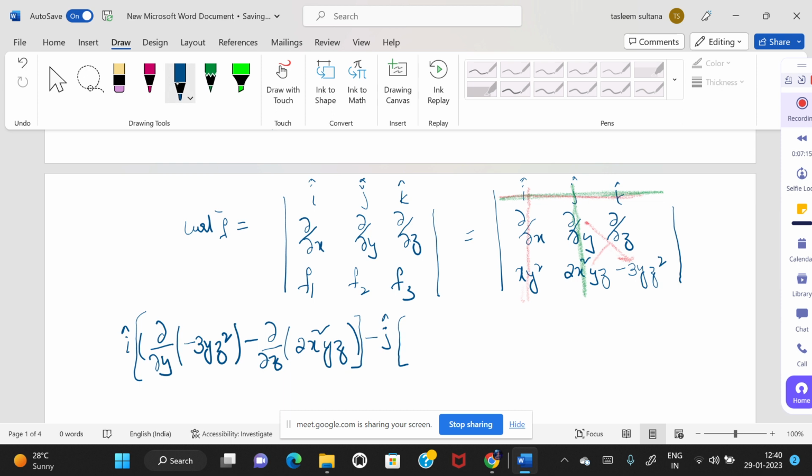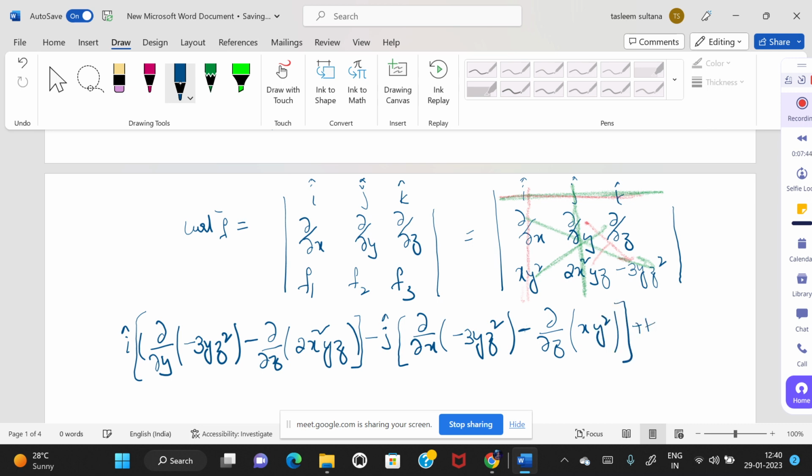So what you're going to get when you're multiplying this to this, you have to do ∂/∂x of (−3y z²). Now next you have to multiply this one, this. It's equal to minus ∂/∂z of (x y²).